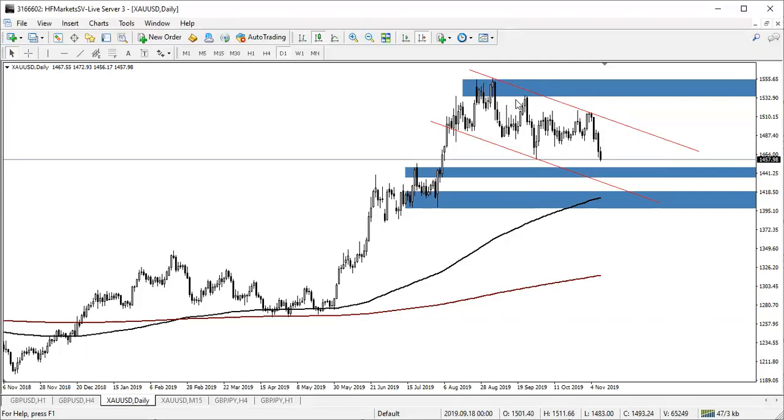In general, the market is trading in a bearish channel on the daily. So we expect price to further dip down to test the lower end of this channel.